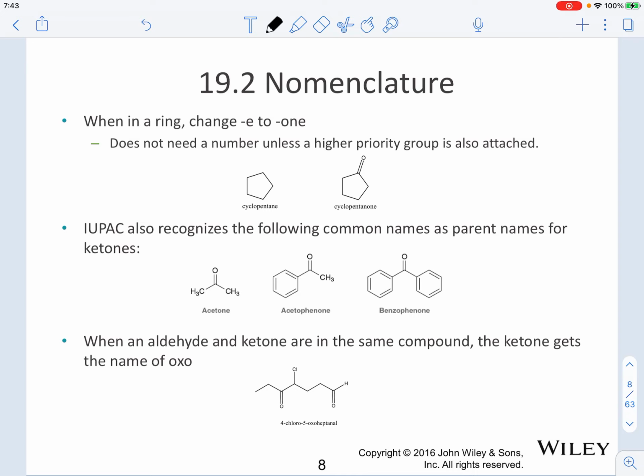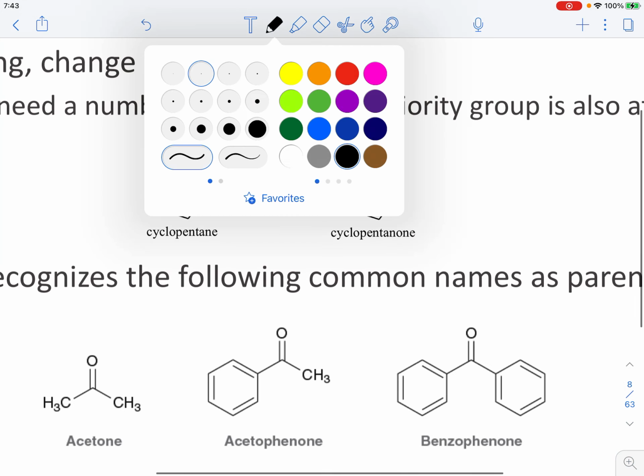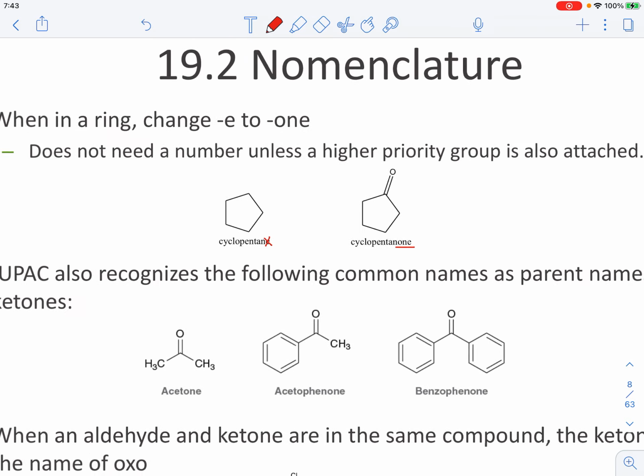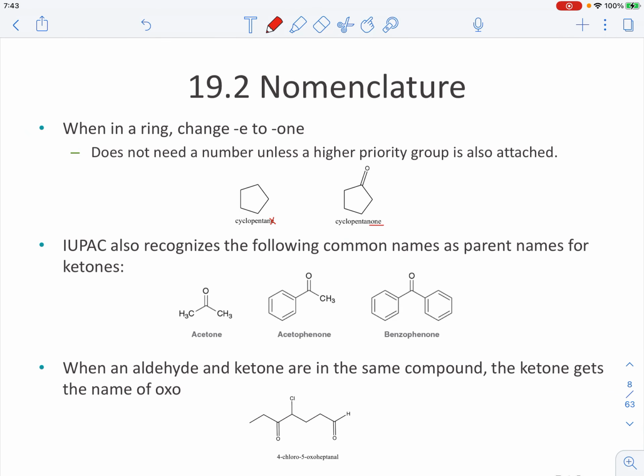So if we compare the cyclic alkane cyclopentane to the corresponding ketone, if we have within the ring system a C double bond O, if I zoom in into the name, all we are doing is taking off the E and putting "-one". So this is cyclopentanone.